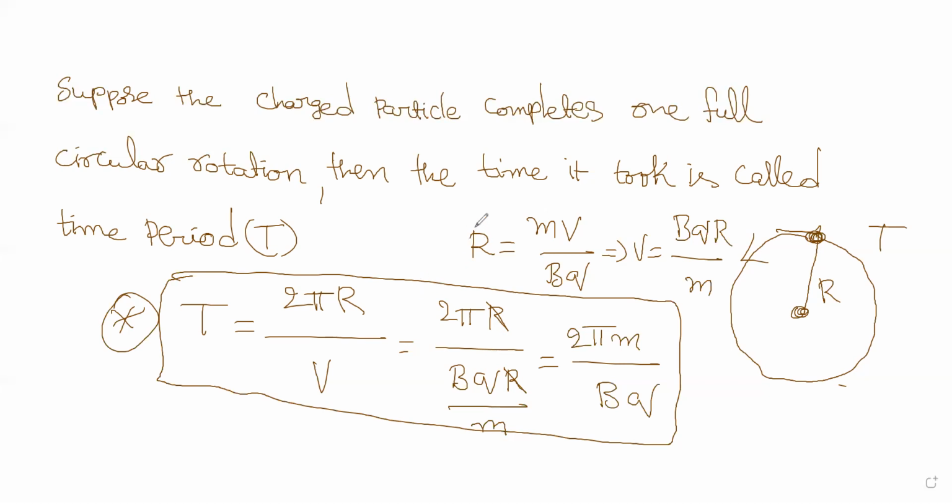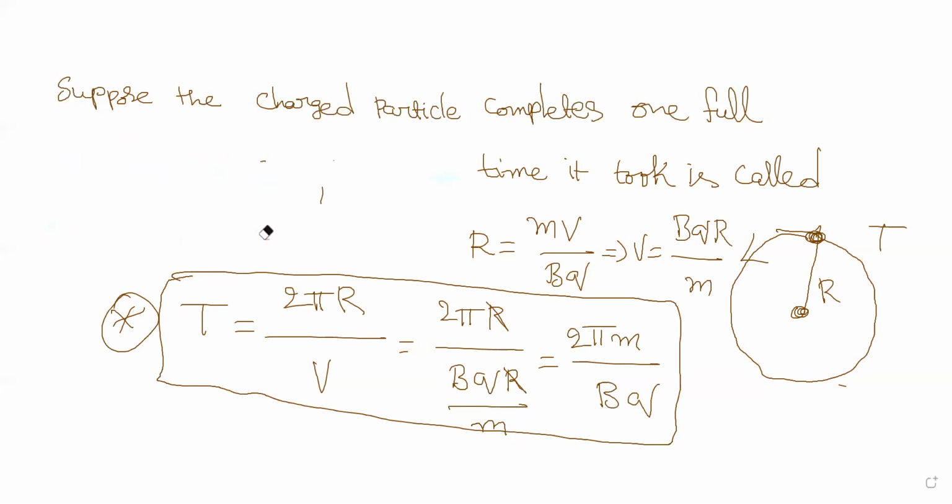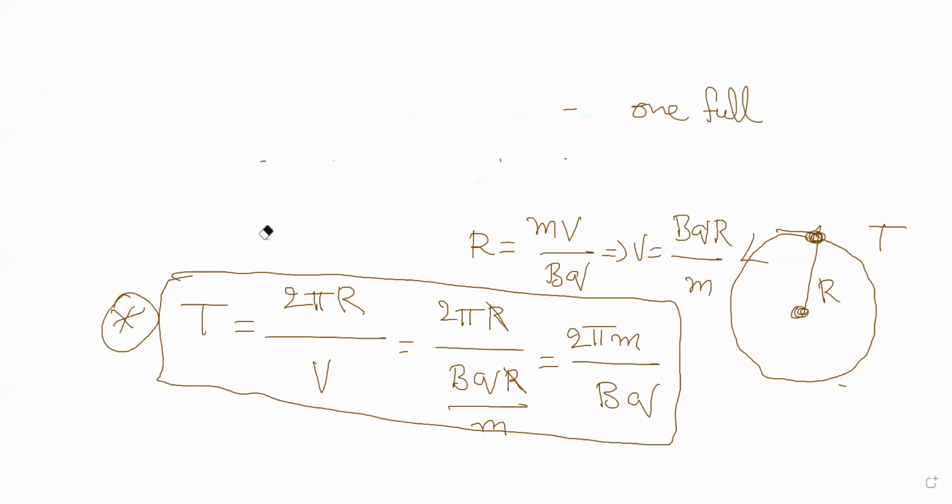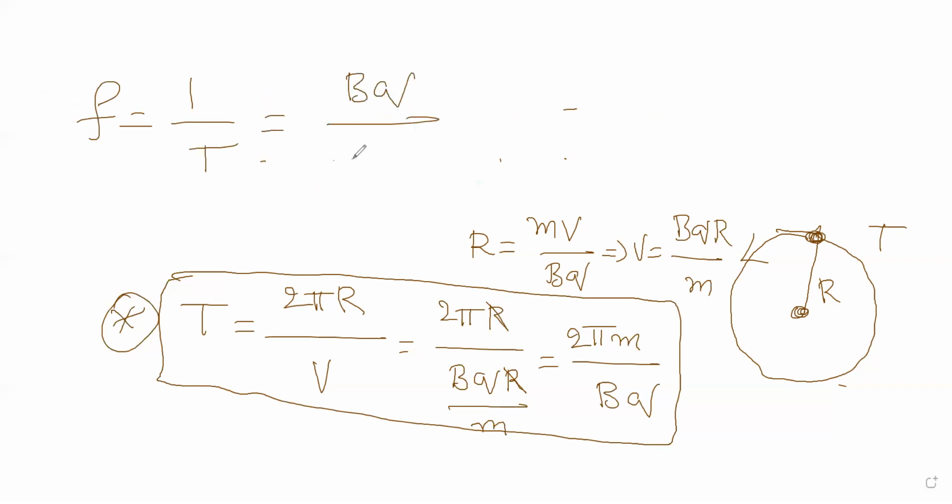This is the time period of rotation. If you know the time period, you can calculate the frequency very easily. These are the expressions for the cyclotron simply. Frequency is given by 1 by time period, so invert it: bq divided by 2 pi m.